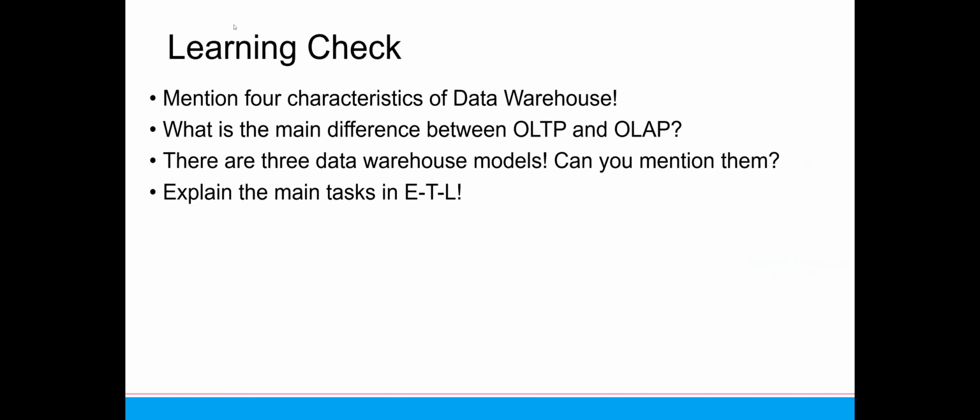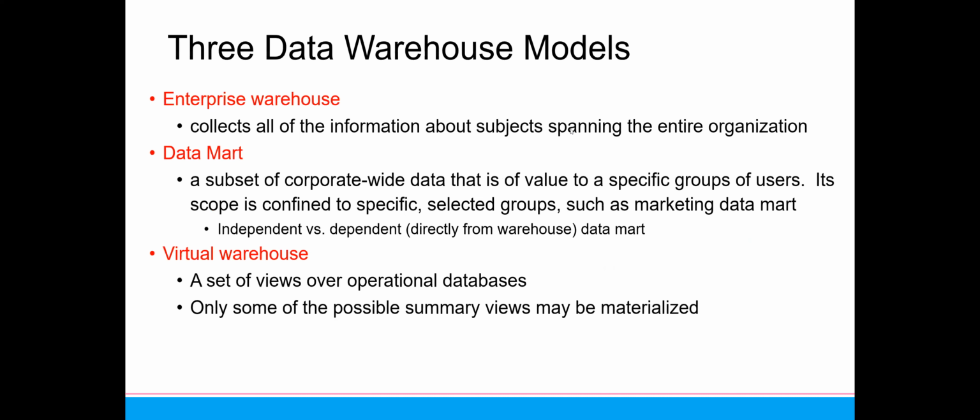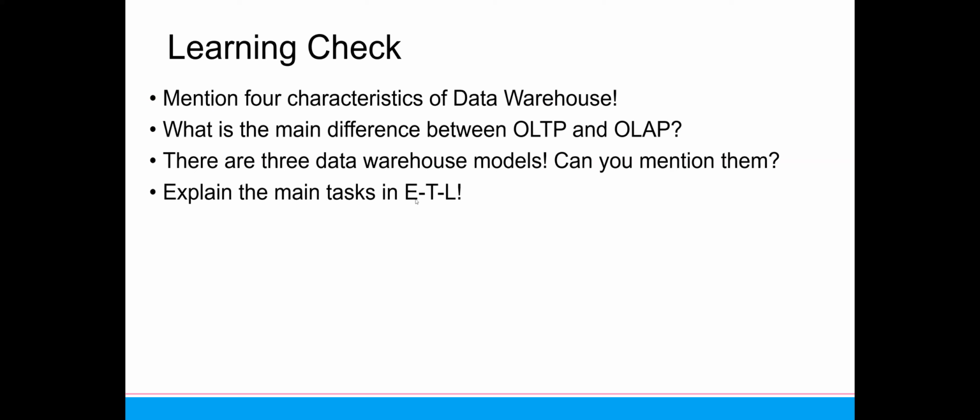There are 3 data warehouse models. Can you mention them? Okay, so I already explained. We have enterprise warehouse, we have data mart, and we have virtual warehouse. Okay, so you can look at those terminologies and explain the main tasks in ETL.